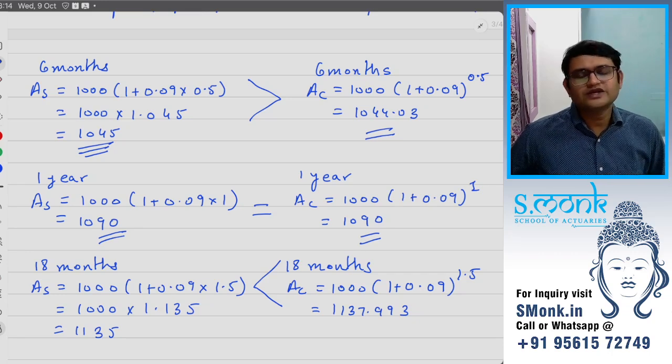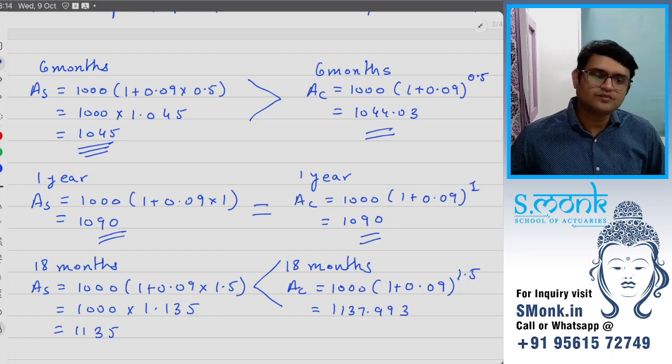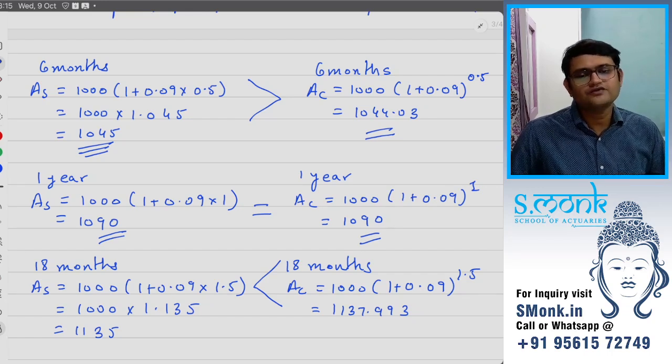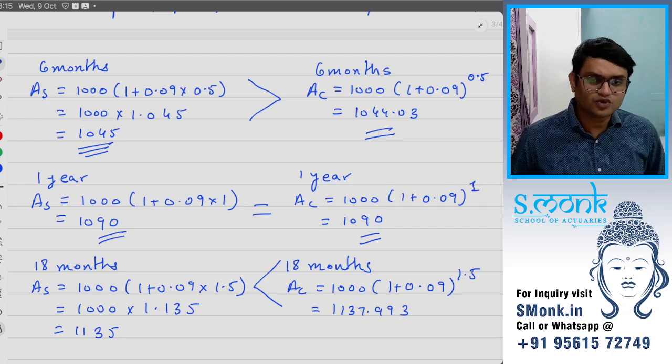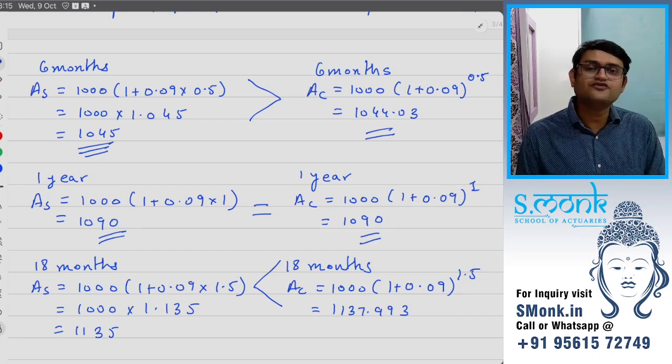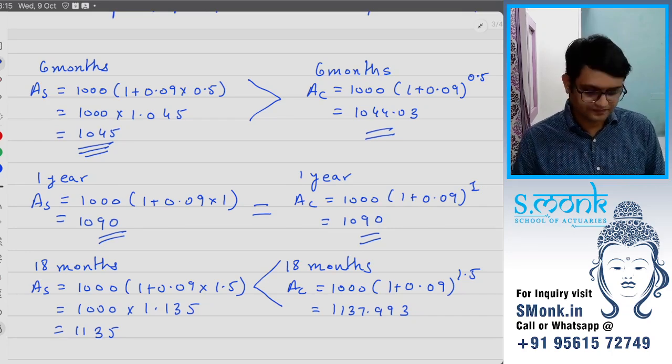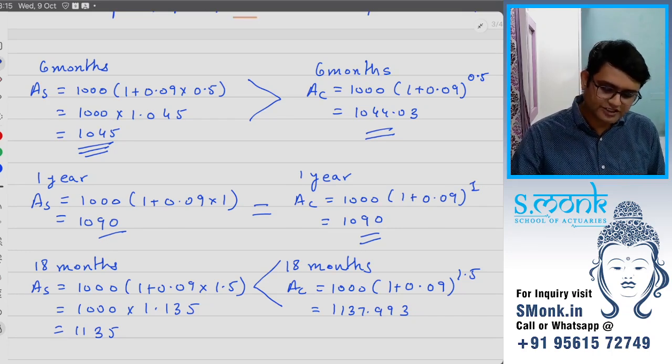So if your calculation is less than 1 year, simple interest is more than compound interest. For 1 year they are the same, and for more than 1 year compound interest is more than simple interest if the rates are equal. That is very important. Rates must be equal.